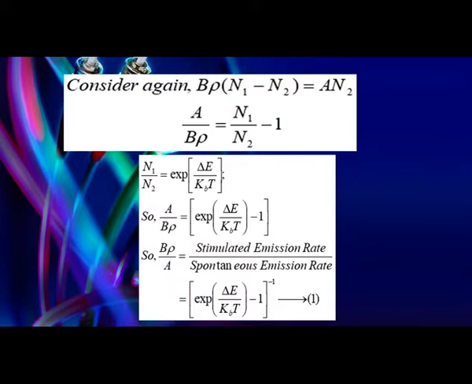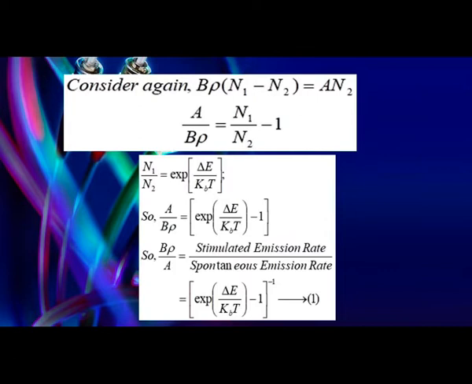Then you can see the next step, n 1 by n 2 is exponential delta E by kBT, which you have already seen. This is the very famous equation of Maxwell-Boltzmann. So, A over B rho becomes exponential delta E divided by kT minus 1.